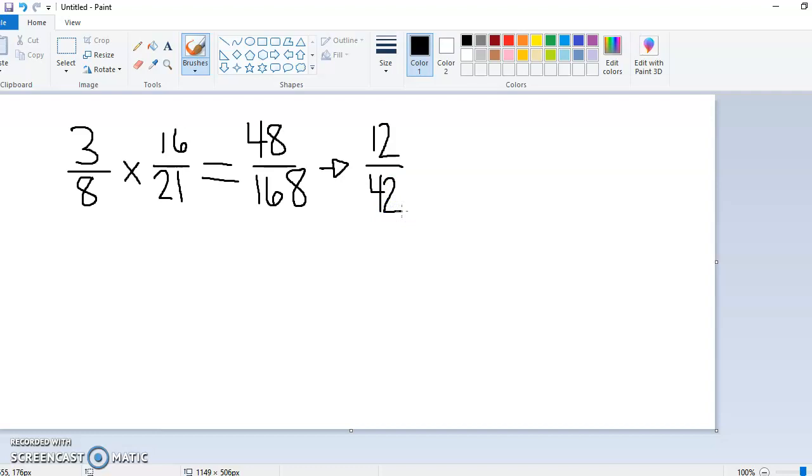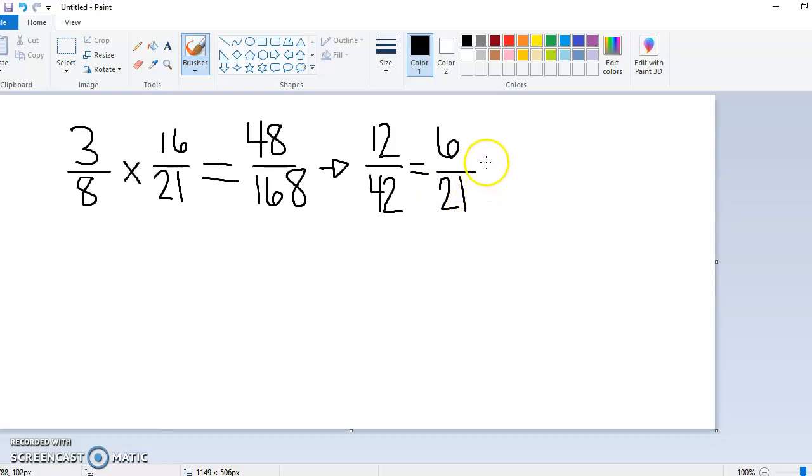Okay, so that's a little bit easier to look at, but that is not your final answer, believe it or not. What we need to do here is then further reduce. So, okay, right off the bat, I can tell that I can at least divide these numbers by 2, which would get me 6, and that would get me 21.